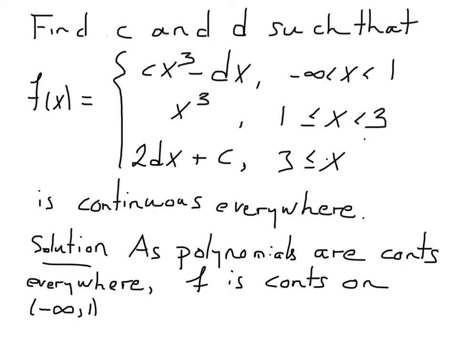That's an open bracket. Also, I'm going to write a union on the open interval 1, 3, because if x is strictly between 1 and 3, f of x is going to look like x cubed, and x cubed is again a polynomial function which is continuous.